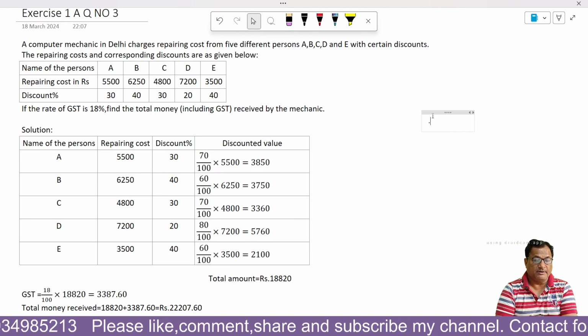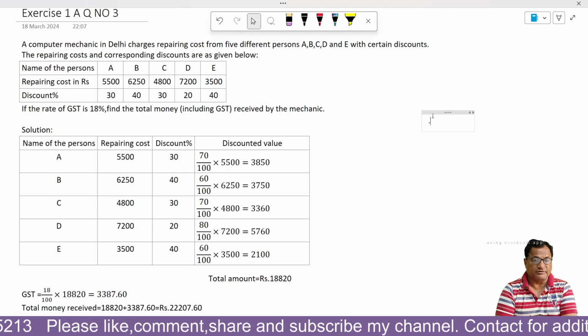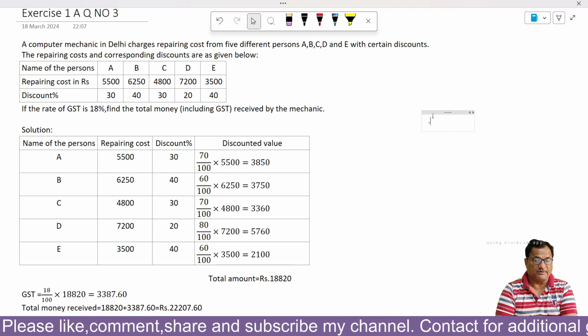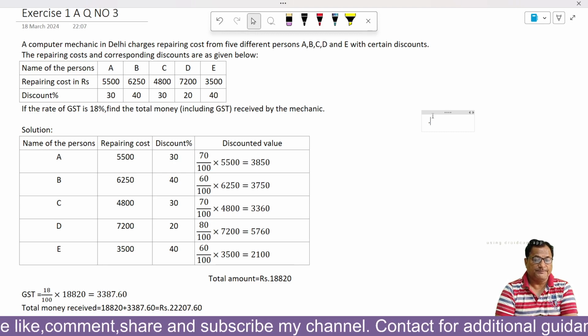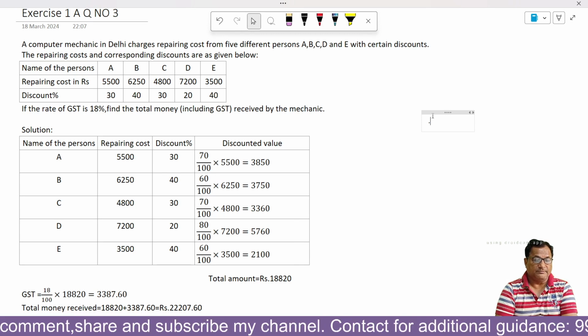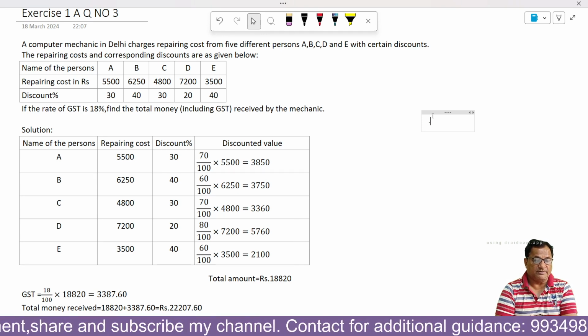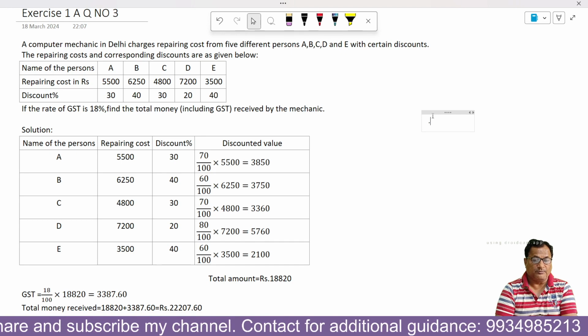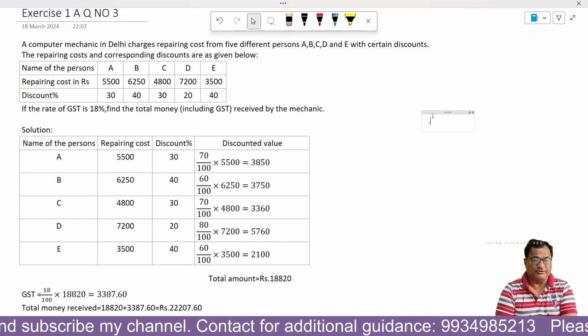For B, repairing cost is equal to 6,250, discount percent is equal to 40. For C, repairing cost is equal to 4,800, discount percent is equal to 30.